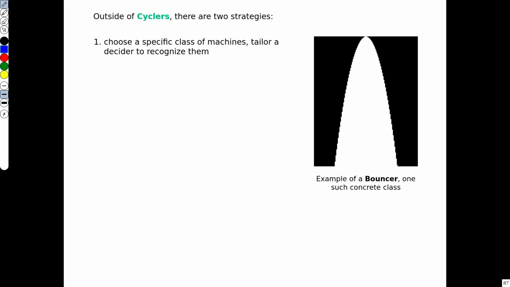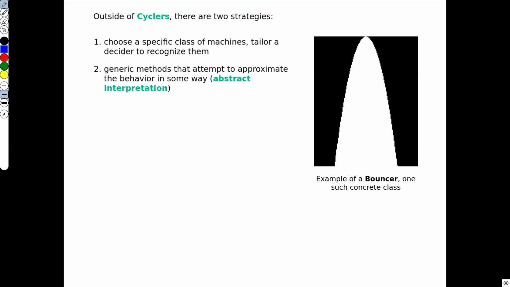And this is what we did for the bouncers class, even though it didn't end up being useful for the final BB of 5 proof. Or you can try to write a generic method that approximates the behavior in some way. And this is a form of abstract interpretation, which is quite a recurring concept. It's an entire subfield of computer science.